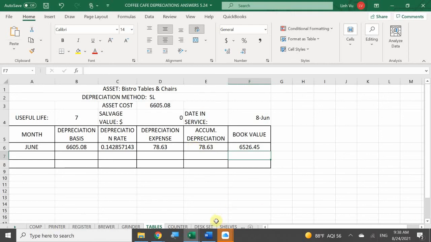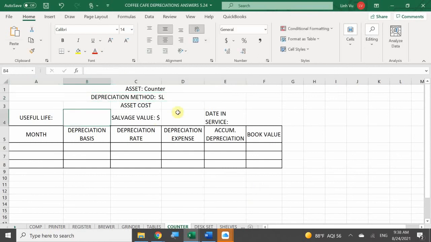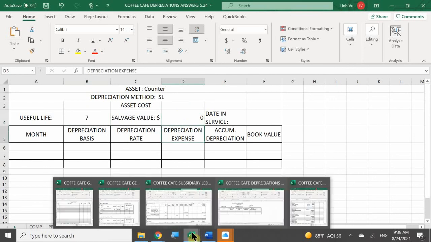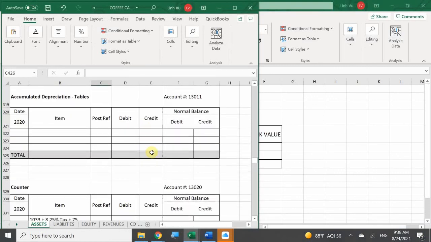The next piece of furniture we have here is the counter. Again, the counter is straight line. Estimated useful life is 7 years, salvage value 0. Let's take a look at how much our counter is.